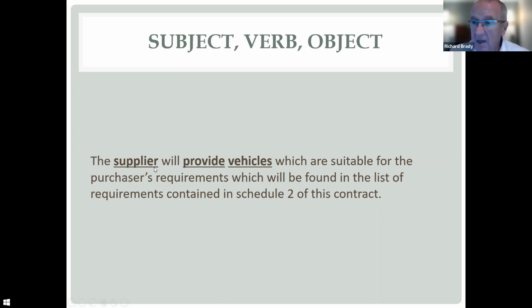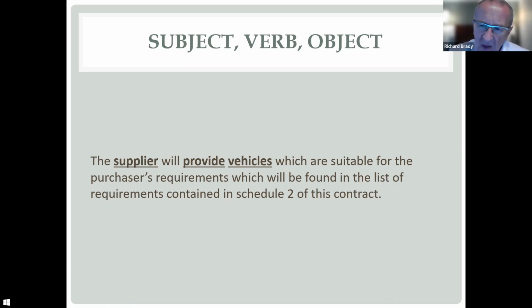The supplier, that's the subject, isn't it? Who's doing it? Will provide, that's what they're doing, that's the verb. And vehicles, that's who or what it's being done to. And then the rest of the information. The supplier will provide vehicles which are suitable for the purchaser's requirements, which will be found in the list of requirements contained in Schedule 2 of this contract.